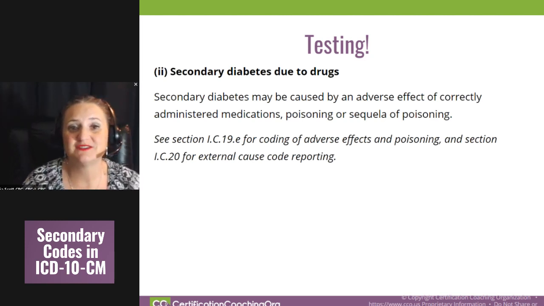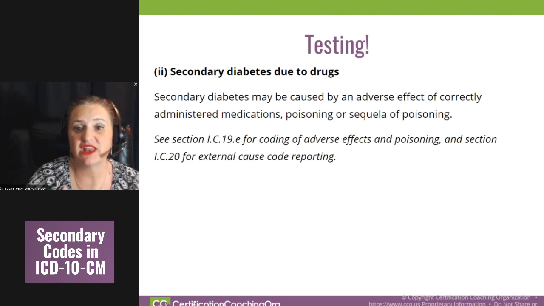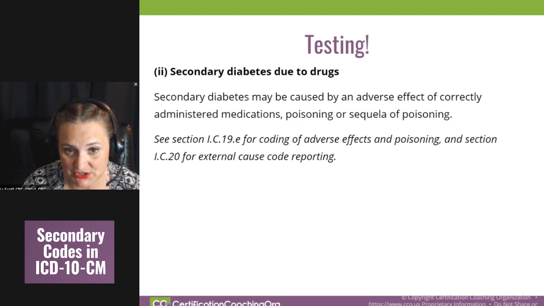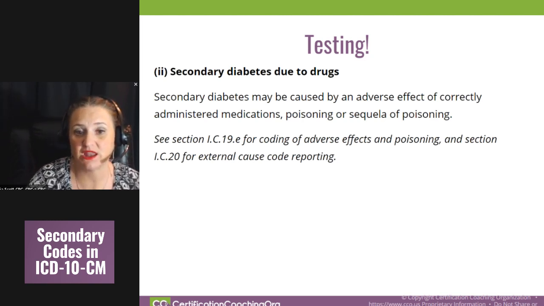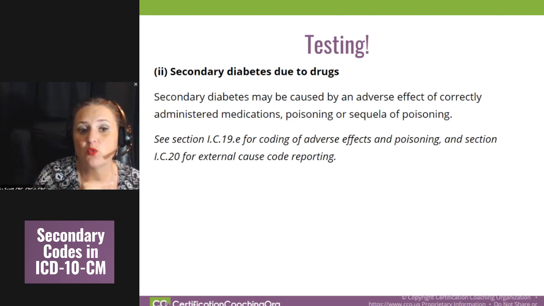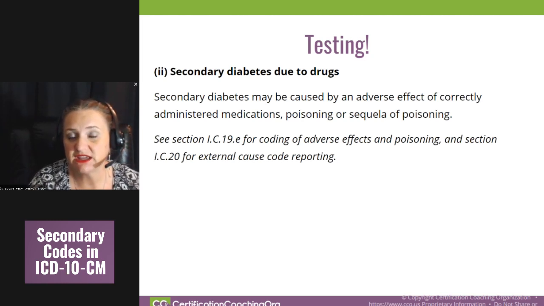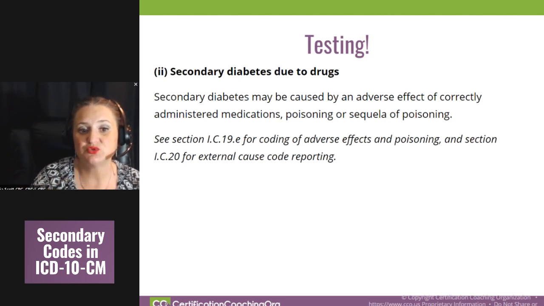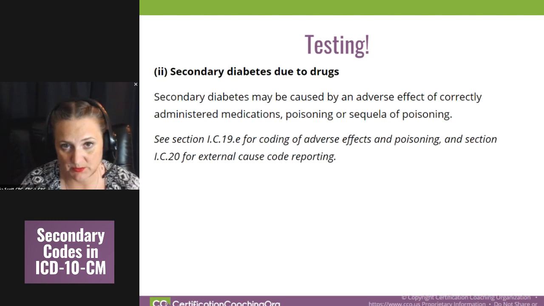It says if you have secondary diabetes because of an adverse effect of a correctly administered medication, poisoning, or sequela of a poisoning, go look at guideline 1C19E, because there are specific things you need to code for adverse effect and poisoning. And then it says also pay attention to 1C20 for external cause code reporting.